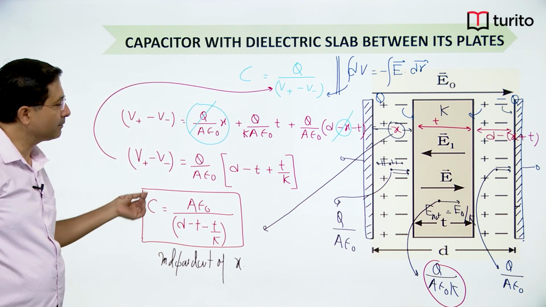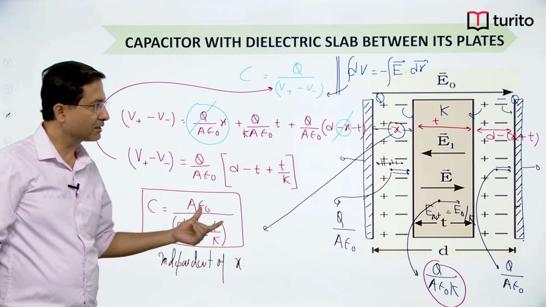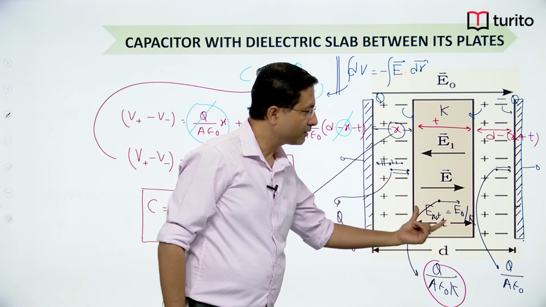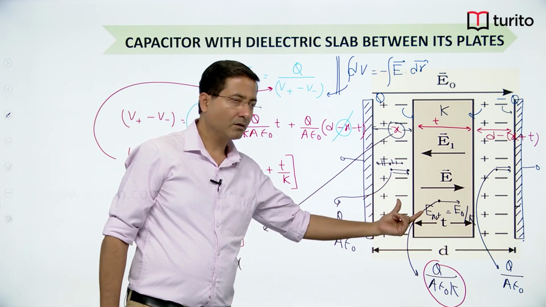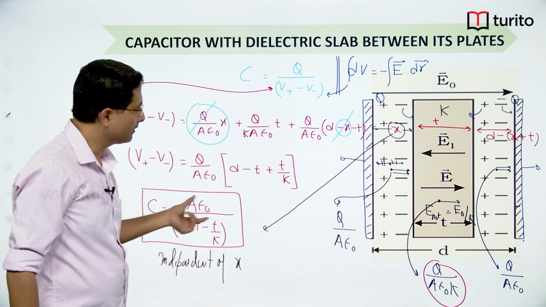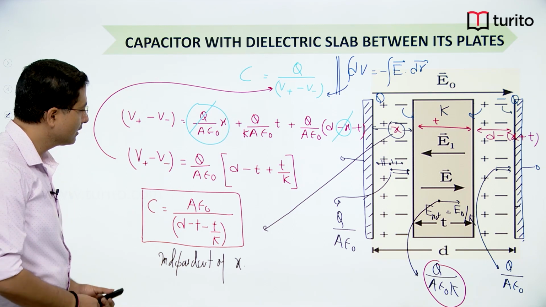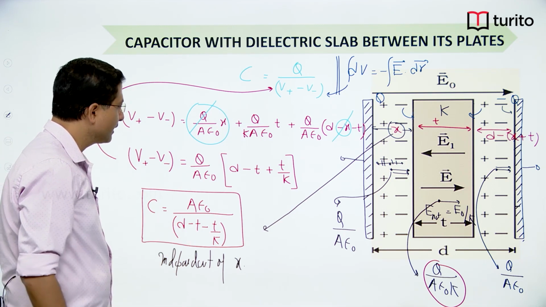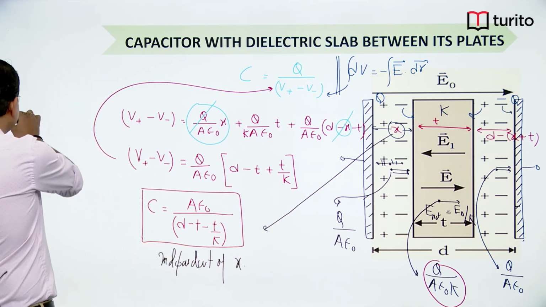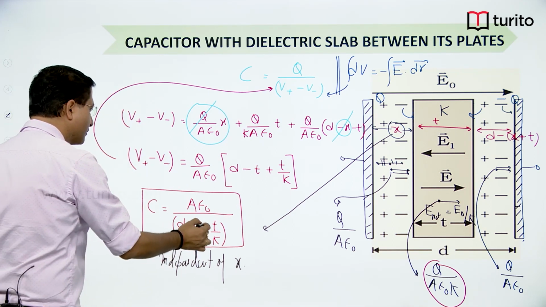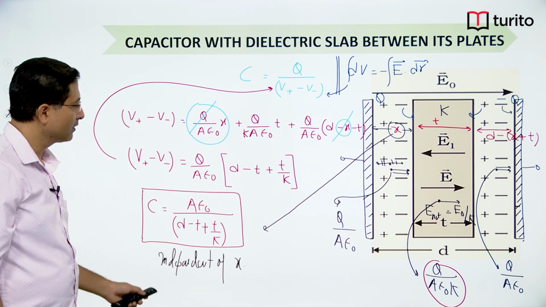So the formula is independent of x, it just depends on the thickness of the plate, and it also depends on the dielectric constant of the dielectric, right? So epsilon naught A in bracket D minus T, minus this, this is plus, right? Just make it plus. So D minus T plus T by K, right?